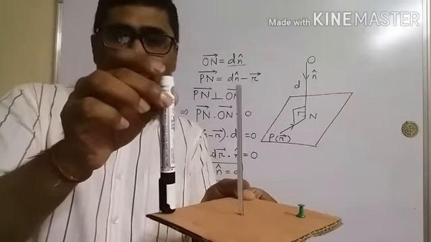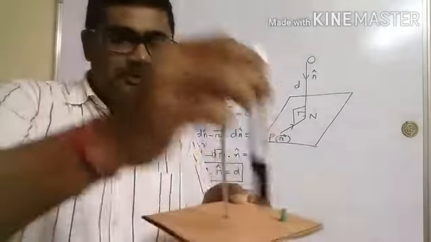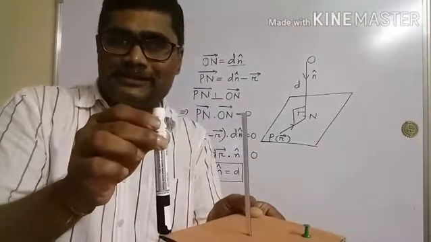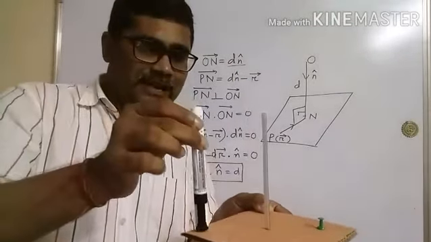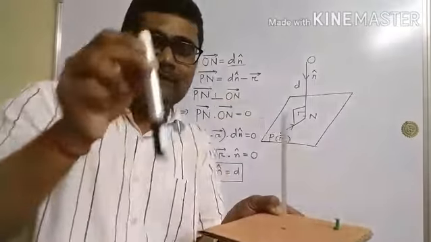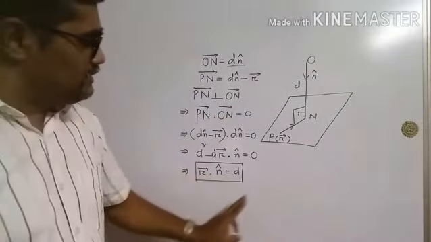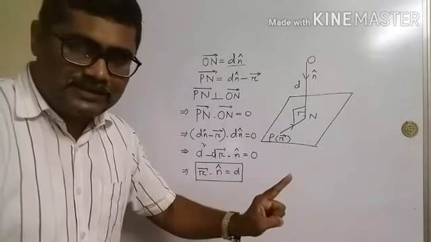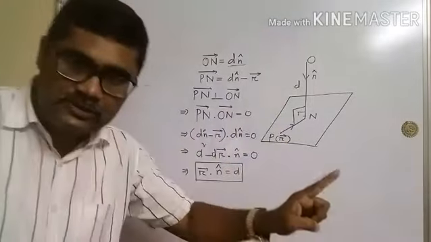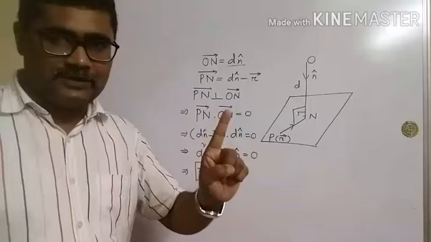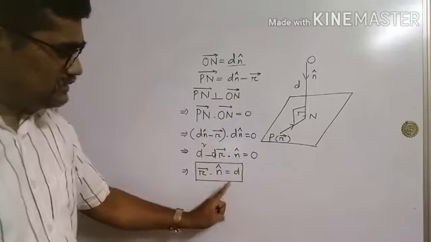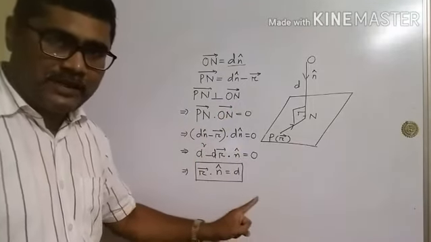Because both will be parallel. So your perpendiculars can be anywhere, and this unit vector just needs to be perpendicular to the plane. And d is the perpendicular distance from the origin. This has to be from the origin. This is very important. So this is the equation of the plane.